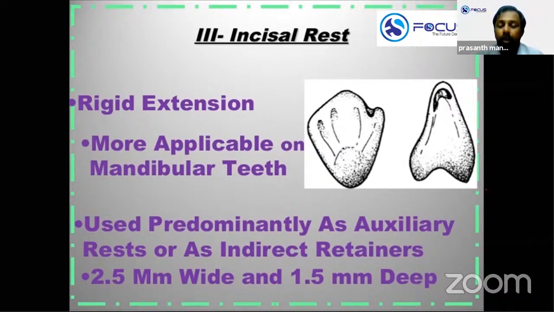So they are usually given as auxiliary rests or indirect retainers. Again, it should be 2 to 2.5 mm wide. Some books say it's 2.5 mm. It's actually a minimum of 2 mm wide, and depth 1.5 mm. Okay, clear? So this is about the incisal rest.